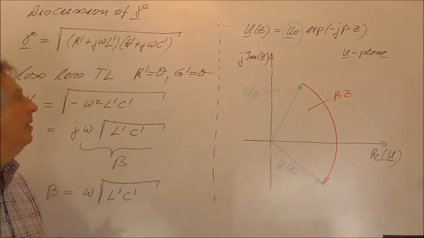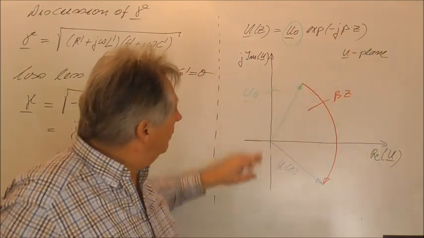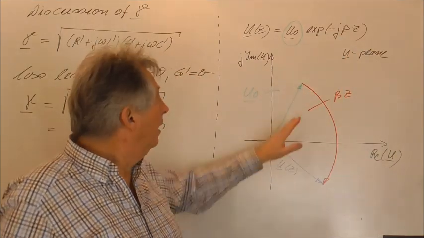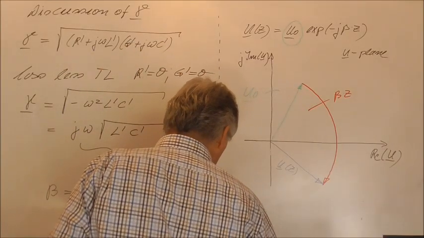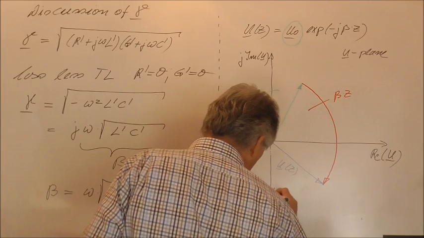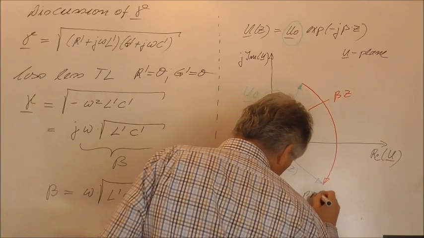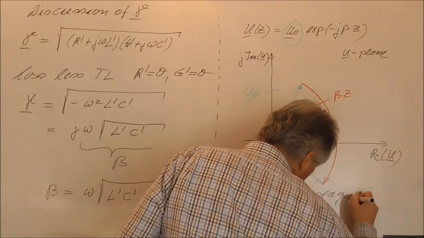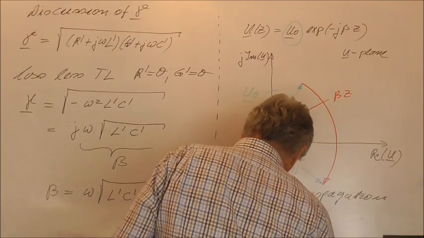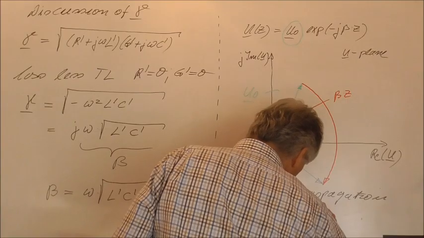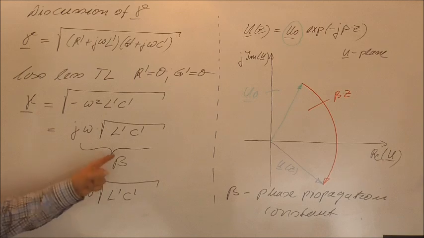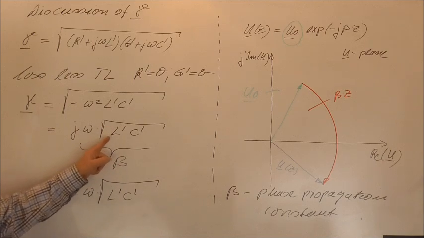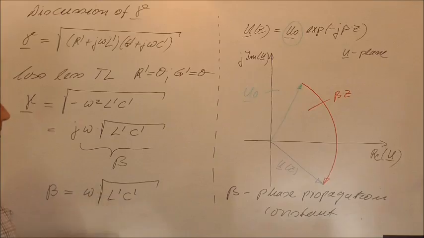So what we see here is that beta will change the phase along the transmission line in clockwise direction, and that is why beta is called the phase propagation constant. The phase propagation constant is governed by the inductance per unit length and capacitance per unit length of our transmission line.